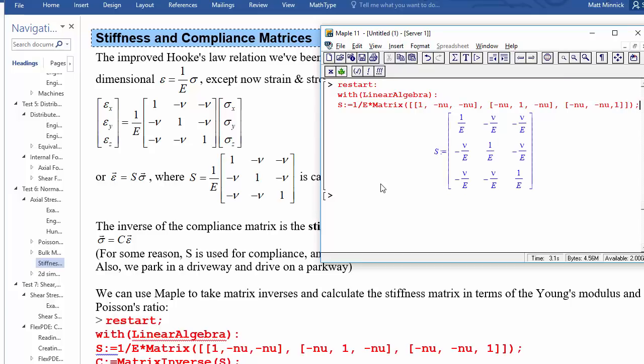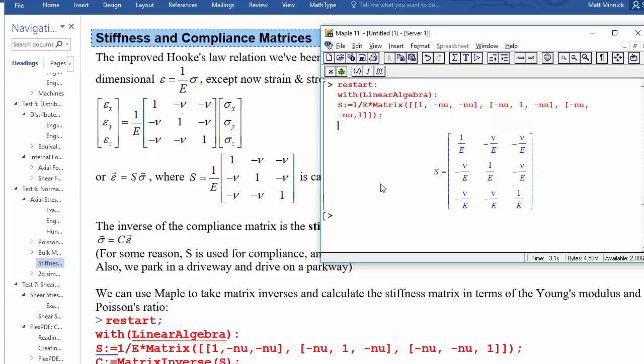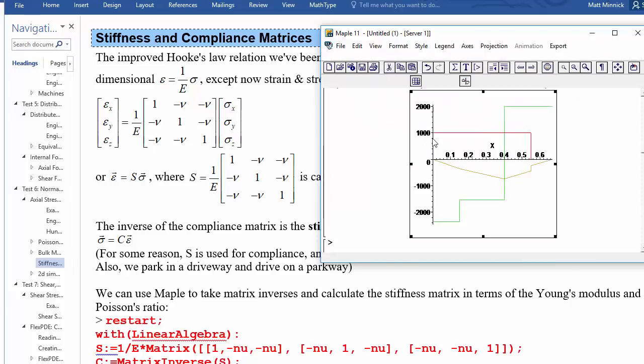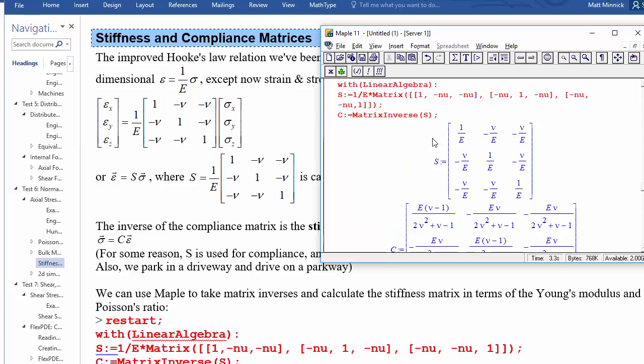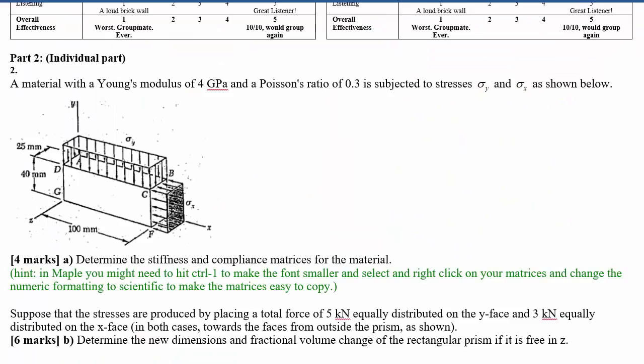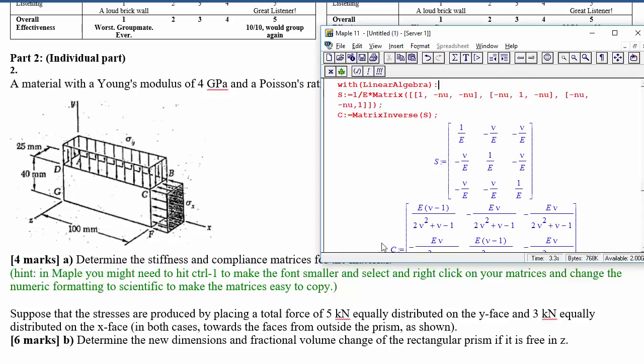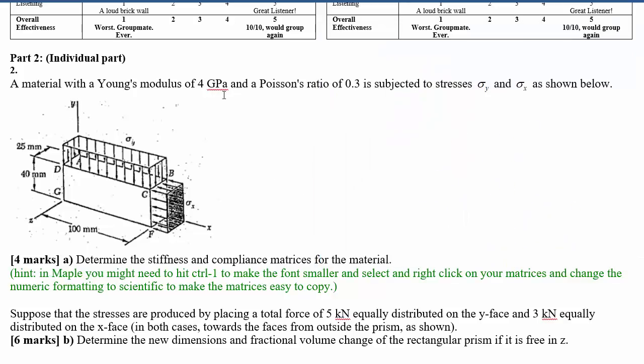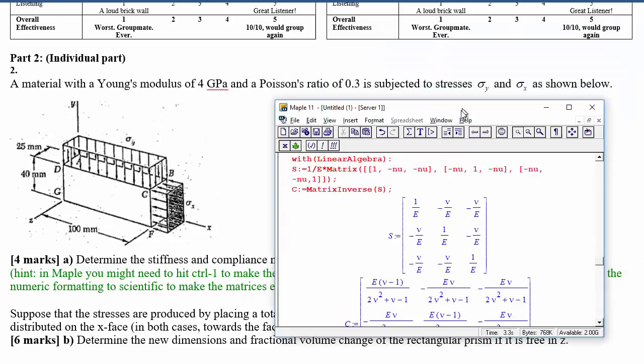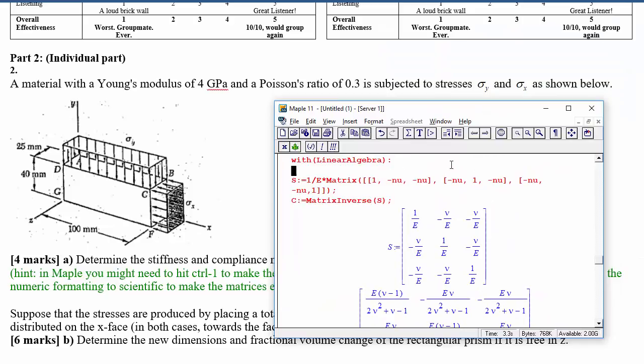Yeah, okay, there we go. So there is our compliance matrix, and we can figure out the stiffness matrix by taking the matrix inverse of S. There we go. All right, and looking back to the actual test that we've got here, because we know the Young's modulus is 4 and the Poisson's ratio is 0.3, we can put those in.